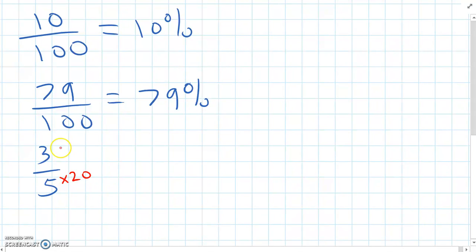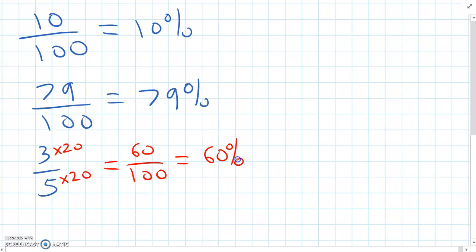And what you do to one, you do to the other. 3 times 20. So 3/5 is the same as 60/100. And now we can see the percent is 60%. So all we need to do is make the denominator equal 100.